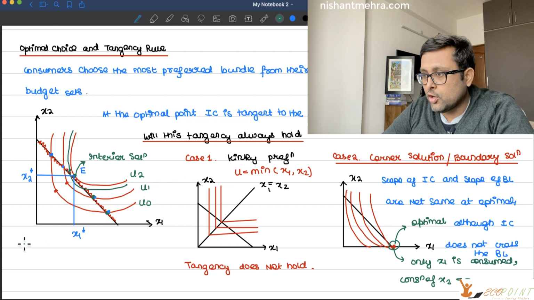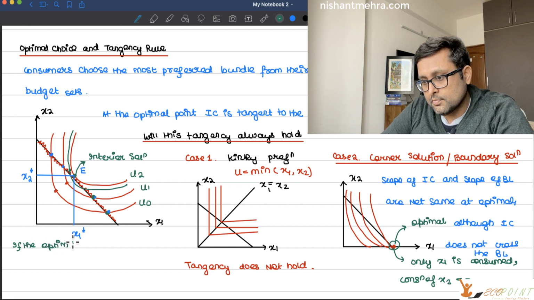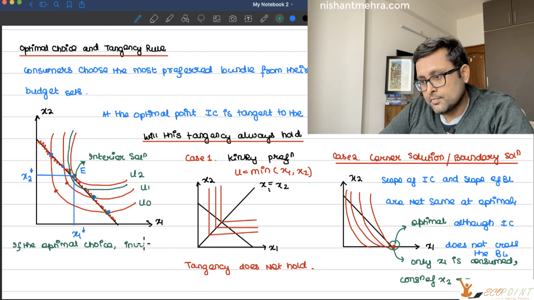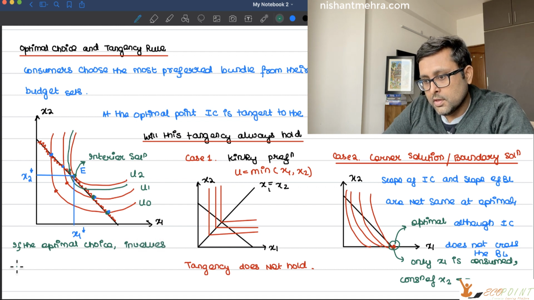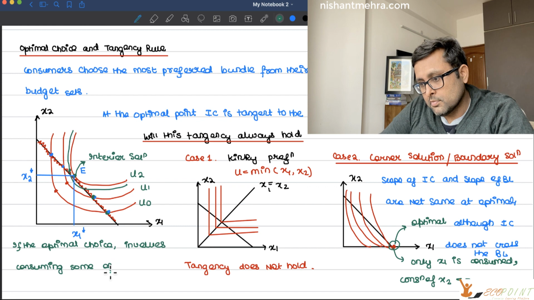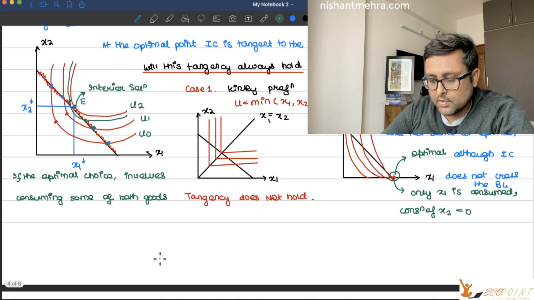So please write this: if the optimal choice involves consuming some of both goods.